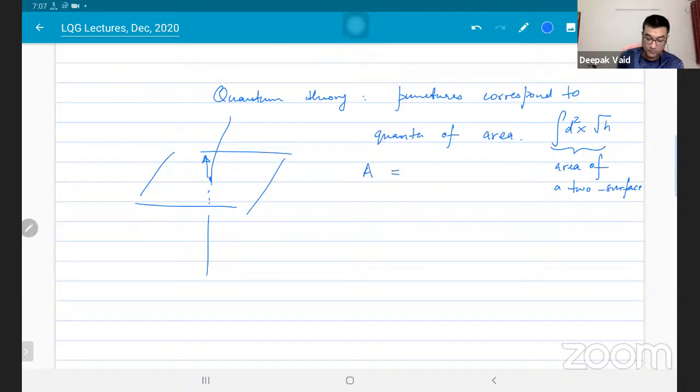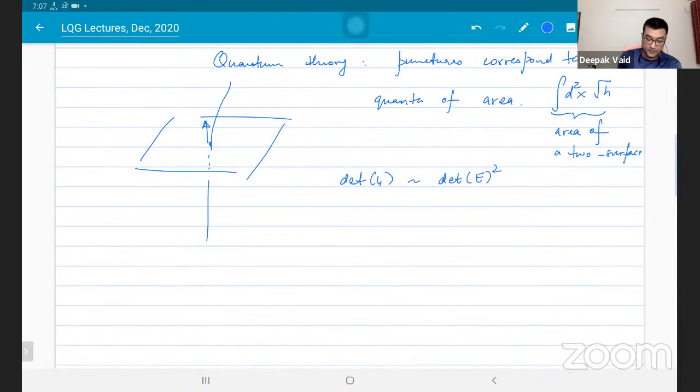Remember that the determinant of H goes as the determinant of E squared. This is the relationship between the determinant of the metric and the triad or the tetrad corresponding to that metric. This is true for these densitized triads and also for the regular triads.